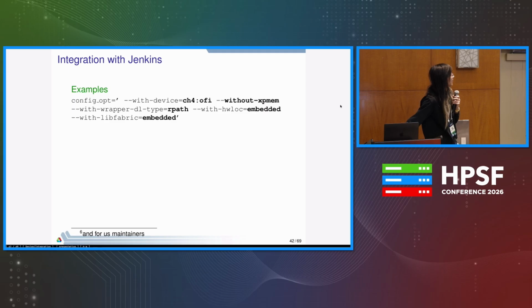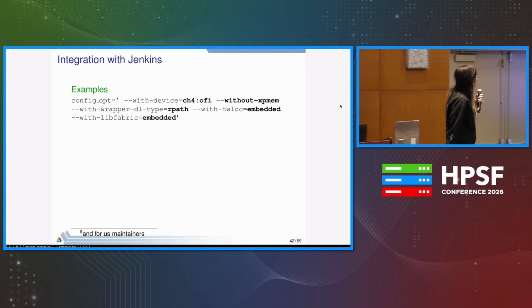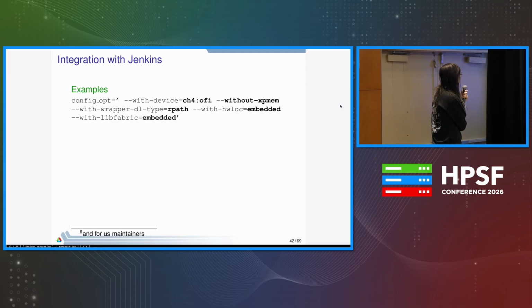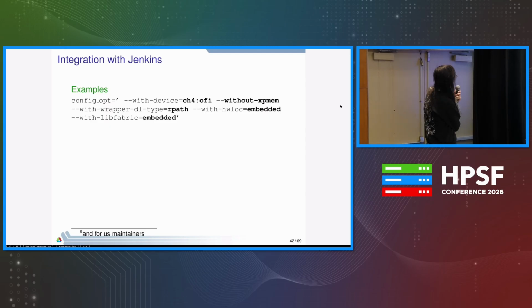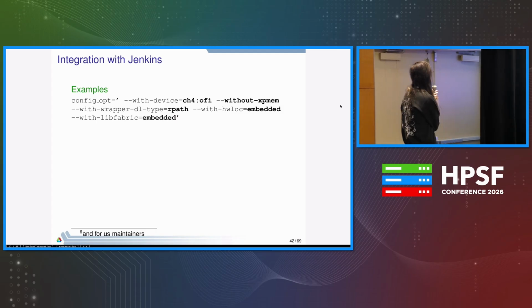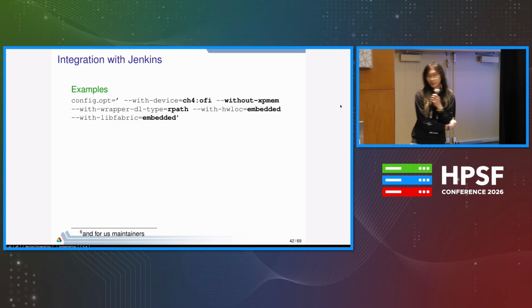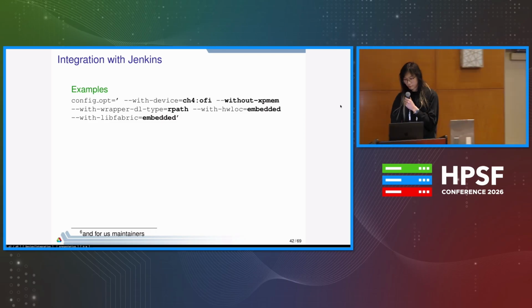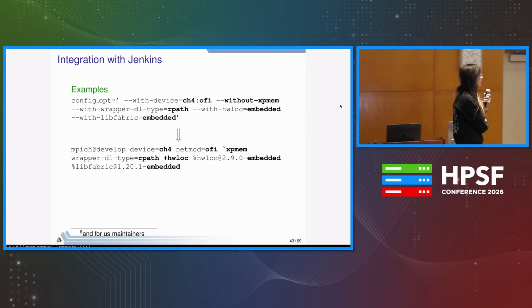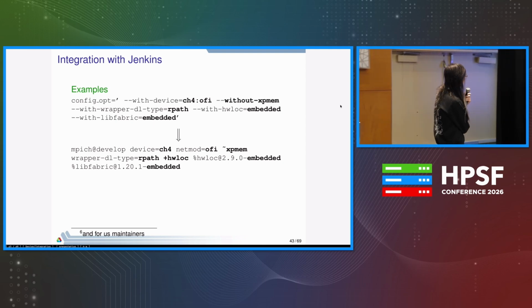So here's an example of what we have right here. This is a pretty typical CH4 OFI MPICH build. We're building with the device specified, without XPMEM. We're using RPATH for our wrapper dynamic link type, and then we have the embedded version of hwloc and the embedded version of libfabric. So we can convert this pretty much one-to-one to a Spack spec that has the equivalent values present.